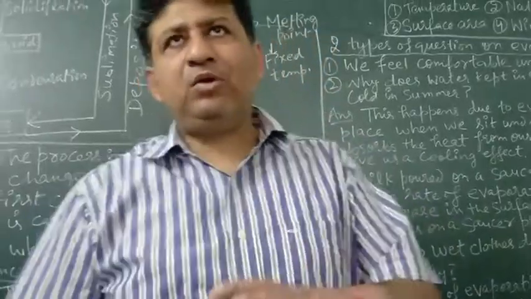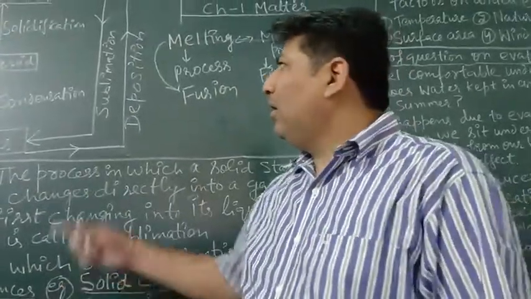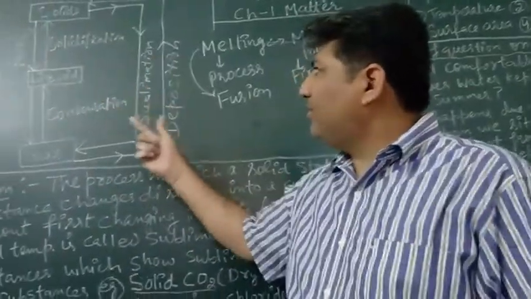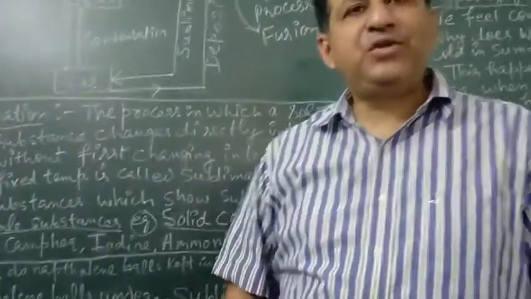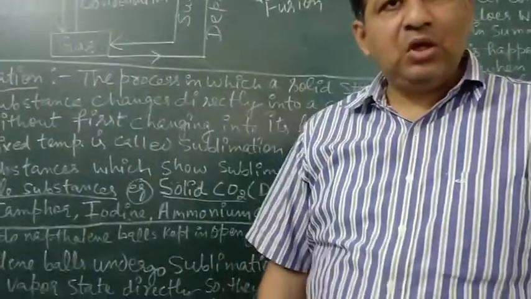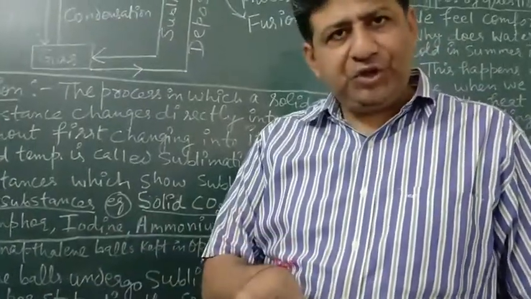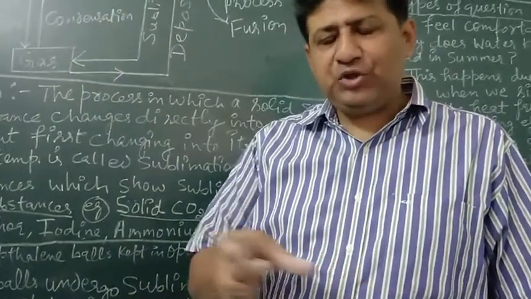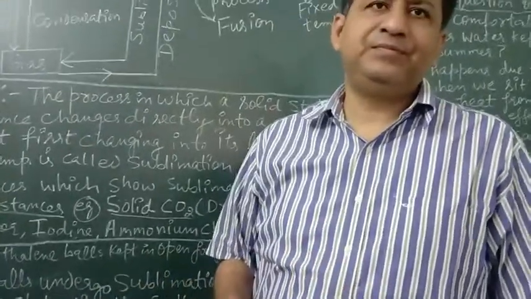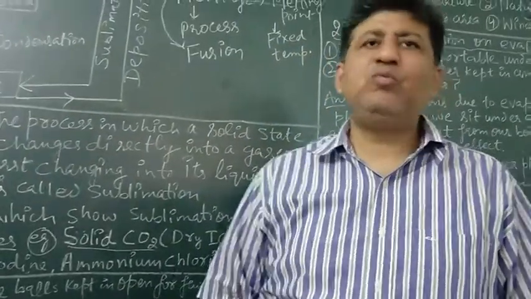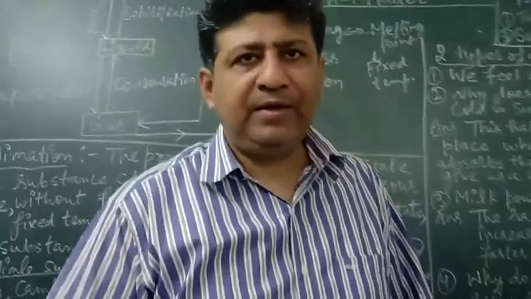Okay, and there could be some more questions based on these processes. For instance, differentiate between vaporization and condensation. So you can write the definition of both vaporization and condensation, and you can give an example. Okay, 2 points each should be okay.